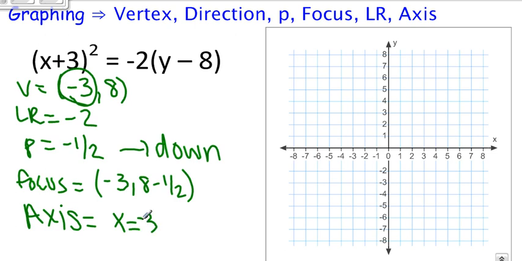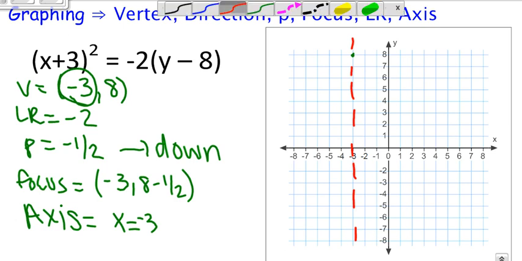So let me plot my points, negative 3, 8. My axis of symmetry is there too, at the negative 3. And then our focus point is at negative 3, 7.5. So that's there.